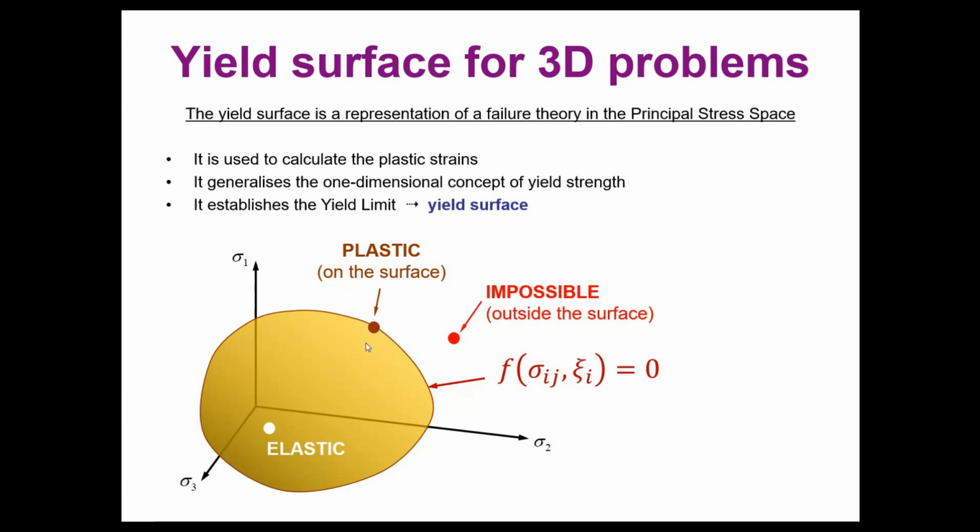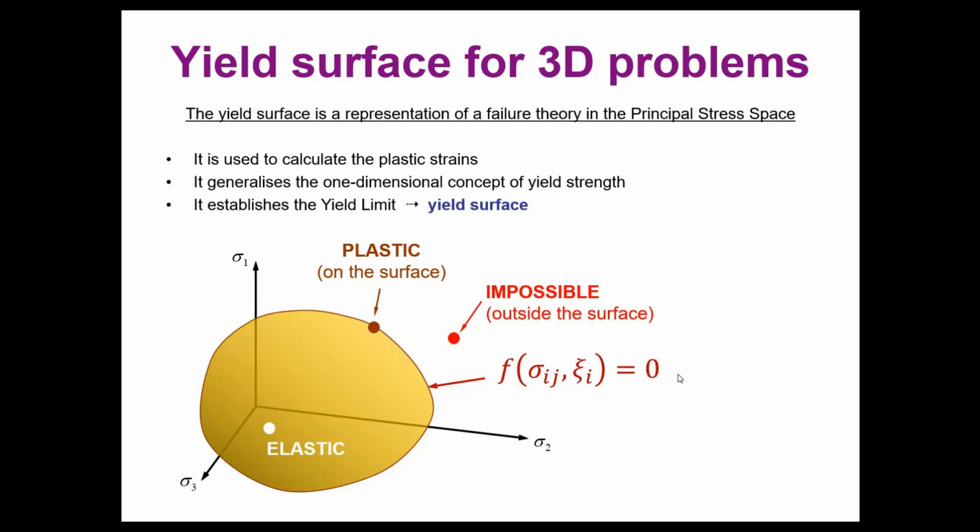So if we are in plasticity, we are on the surface. If we are in elasticity, we are inside the region that the surface defines, but we never can be outside this surface, because this surface is the limit of the positions in this space we can be. It's not mathematically possible to be outside.